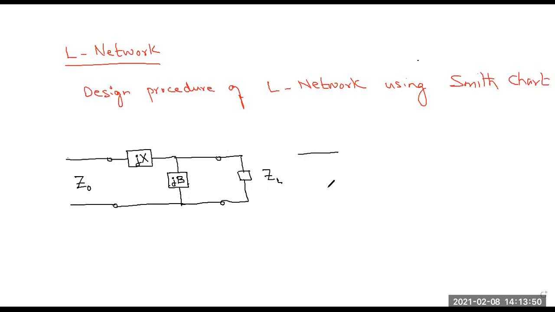And the second possibility is, if you move from left to right, the first reactive element is connected in parallel, and then we connect the series reactive element, and then we have a load.